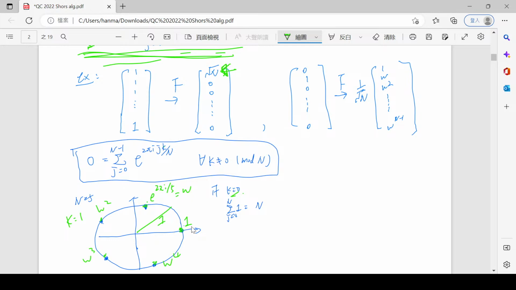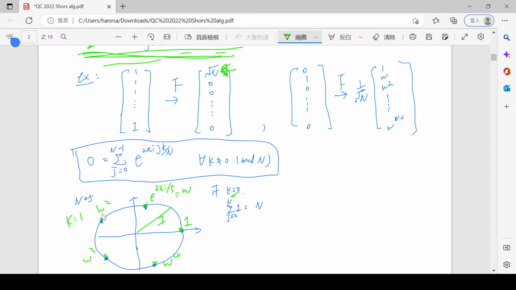So when k equals 1, and we sum from j equals 0 to 4, j equals 0 will be this point, j equals 1 will be this point, j equals 2 this point, and 3 and 4. Those 5 points are equally spaced on this circle.